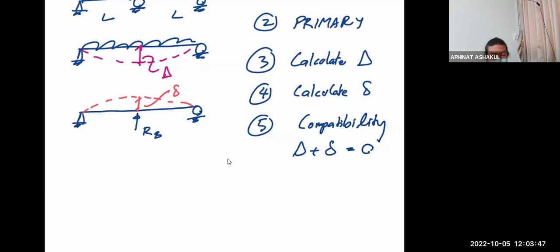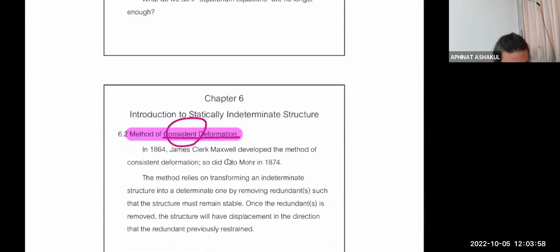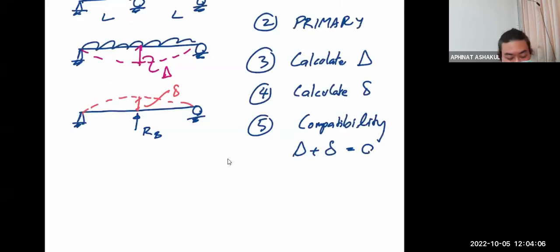We call this the method of consistent deformation. Yeah, the method of consistent deformation, or simply put, it's the force method.